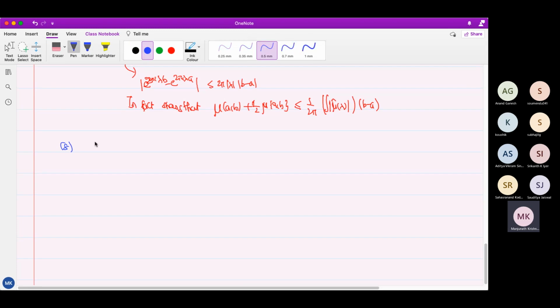So let me come to this theme, that if f hat of lambda times mod lambda to the power k is L1, that is, it is integrable, then f must be smooth.